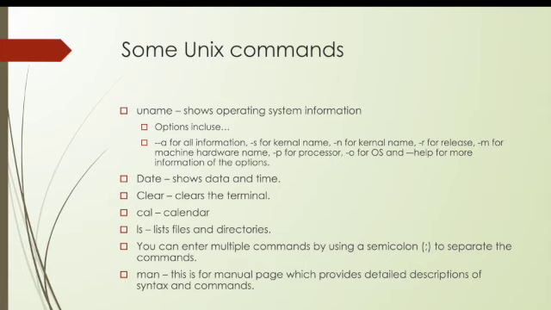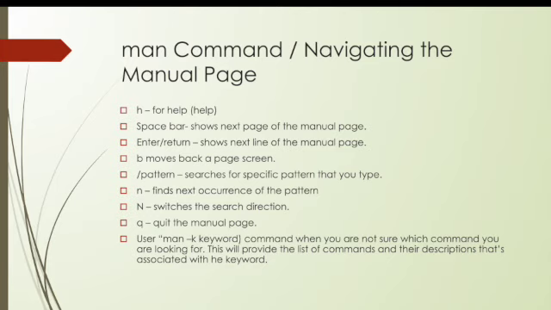Then we have the man command, which is for the manual page, and provides detailed descriptions of the syntax and all different kinds of commands. So let's go over the man command and how to navigate the manual page.